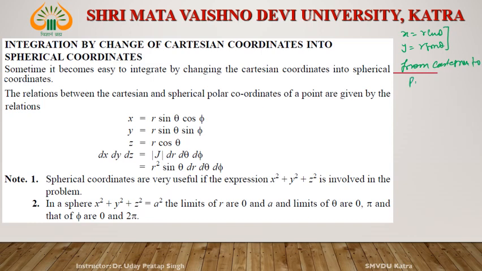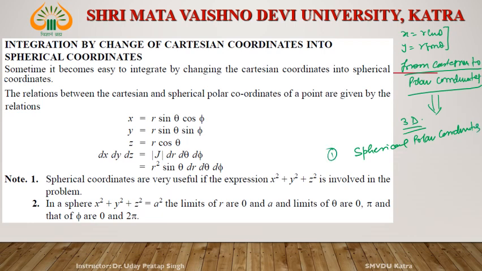In the same fashion, in three dimensions, we have two systems: the spherical polar coordinates, which is first, and the second one is the cylindrical polar coordinates.